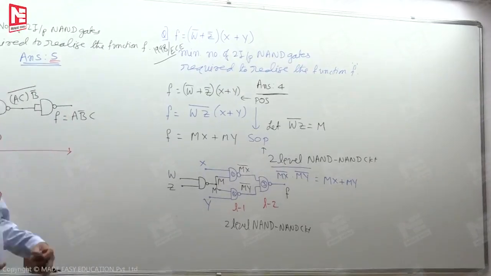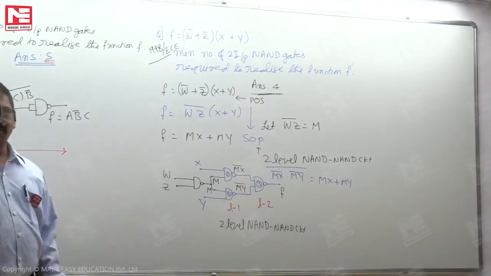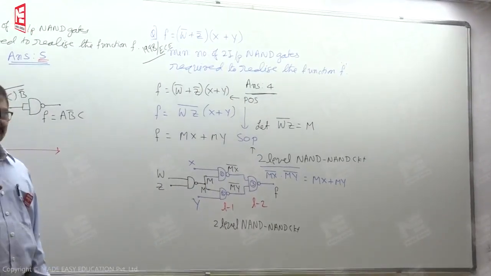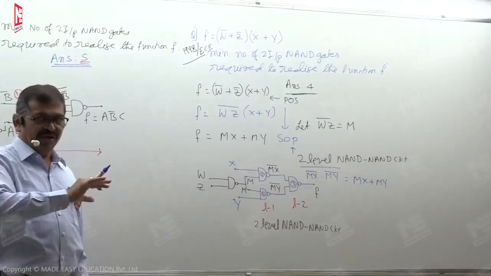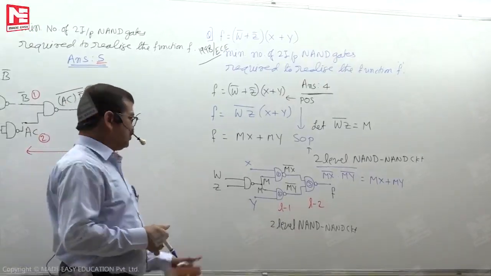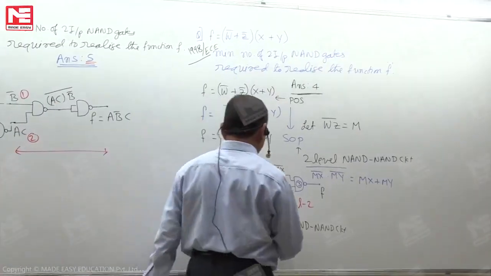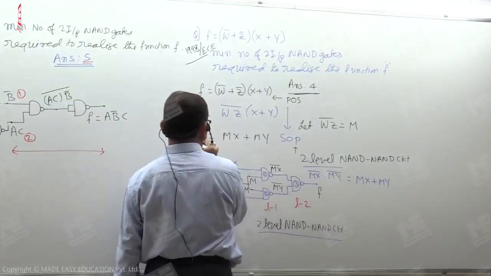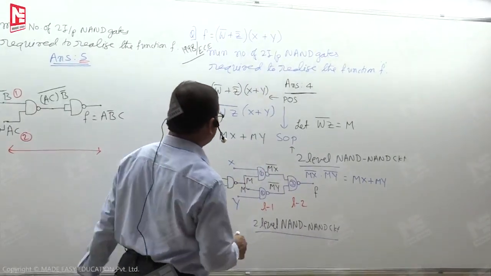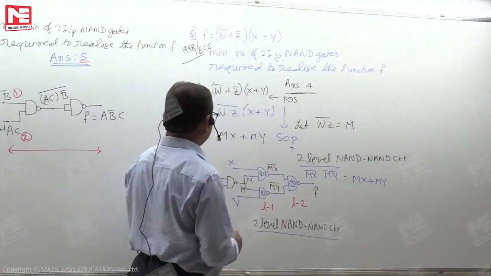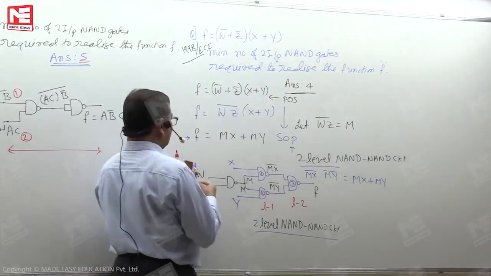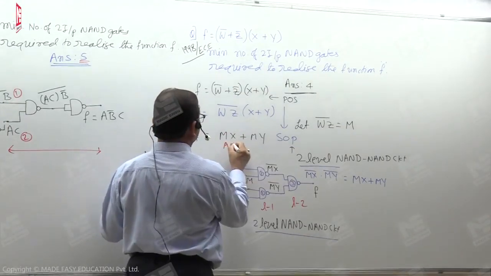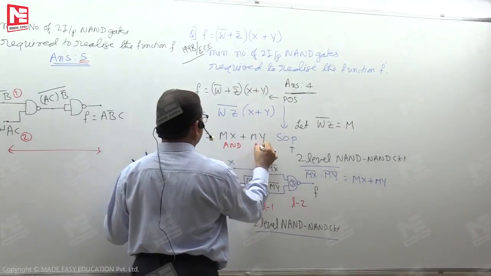Let us continue a little more on this question. For this question, the answer is okay, but related to this, I'm talking. This 2-level NAND circuit we are looking at is basically implementing this function F. For the implementation of this function F, you can see that for MX purpose we will be using one AND gate. For MY purpose, one AND gate.